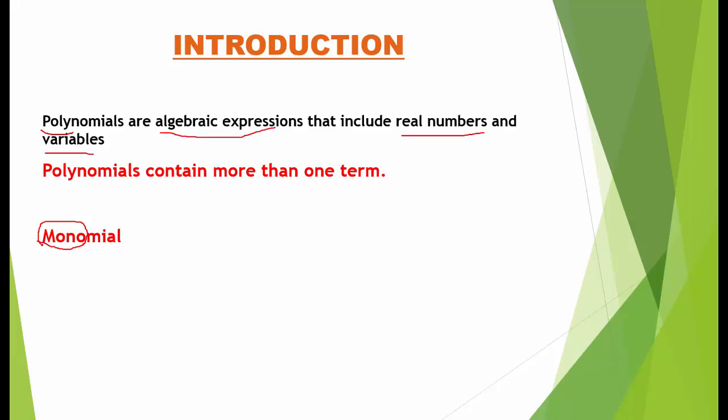It may be x square, it may be x, or it may be a constant. But the condition is that the term will be only one. Examples of monomial: ax square, or 2x raised to power 4, minus 9m, or 7, 6, 5. These all are monomials because these contain only one term.